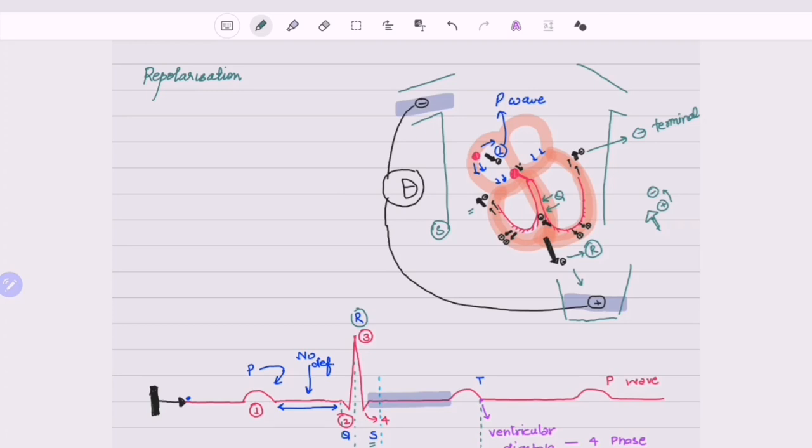In this repolarization, as the whole ventricle has been depolarized, there is no deflection; now cells get to the normal electrical potential or cell membrane potential and lose ions, mainly potassium ions, outside, creating a concentration gradient or electrical gradient. But the repolarization is simultaneous, all together in the ventricle, which is represented by a negative vector.